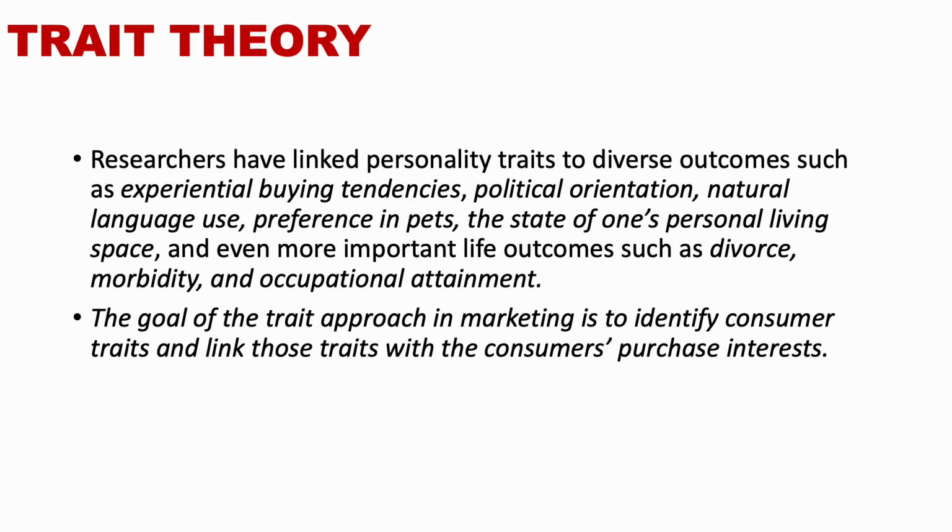When we think about personality traits, researchers have linked traits to things like experiential buying tendencies, political orientation, meaning people who have certain traits are more likely to lean to certain parties, natural language use, preference in pets, so whether or not you like dogs or cats, the state of a person's personal living space, and outcomes such as divorce, morbidity, meaning likelihood to die early versus later in life, and occupational attainment.